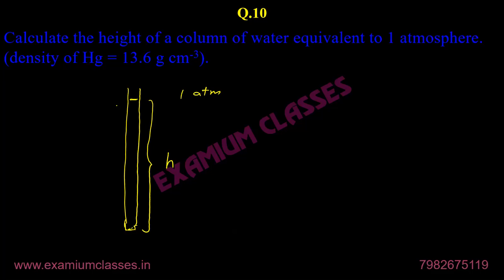Yes, Sashi, you got it correct. HDG or DGH, okay, in physics. The pressure of a column of a liquid is given by HDG.